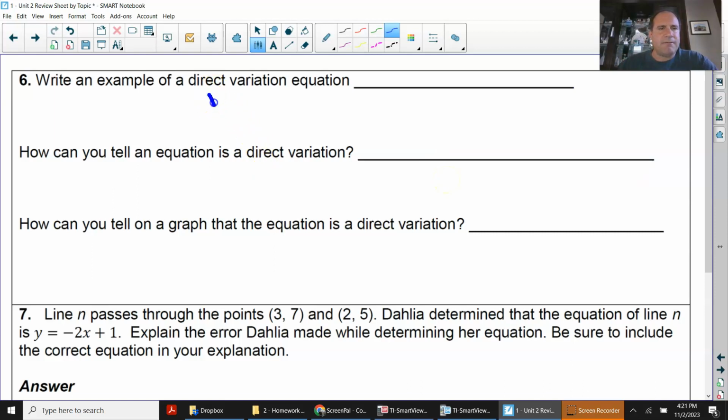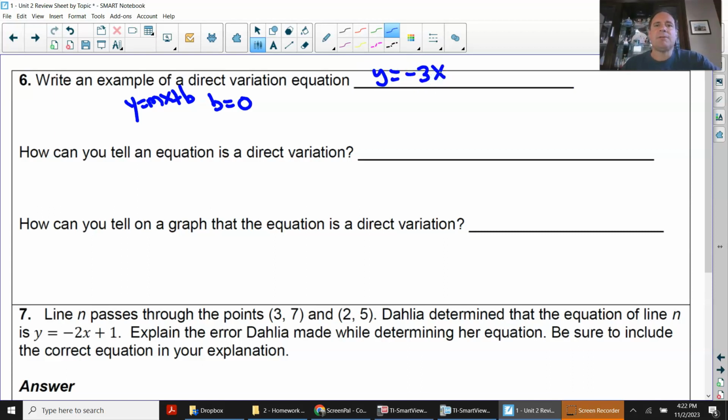Just remember, the direct variation equation must be in the format of y equals mx plus b, because it needs to be linear, and it also needs to have a y-intercept of 0. So any example that you have looks like basically half of an equation.